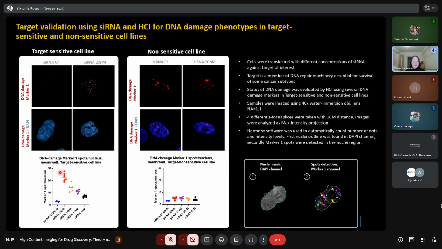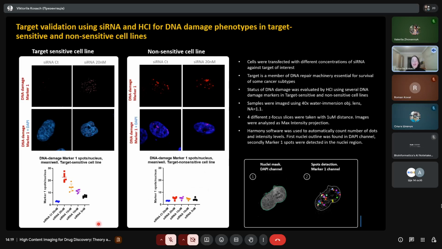line on the concentration of our siRNA that showed us that the target indeed is important in this cell line. However, in the cell lines that are non-sensitive to our target, we did not see any response, any DNA damage foci enlargement, and no dose response.